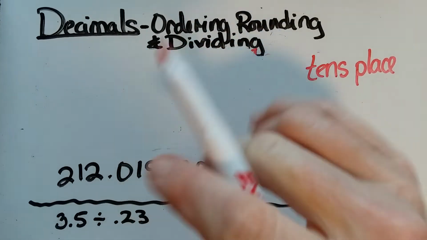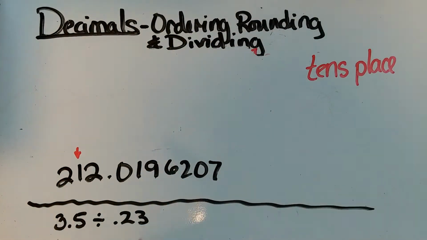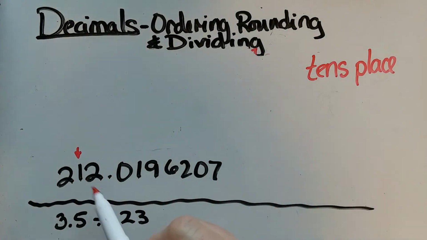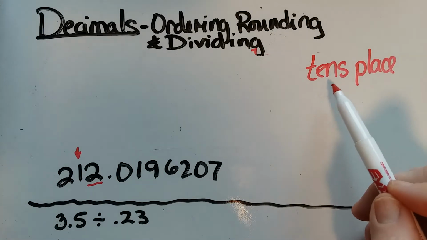So we know that this is the one that we're going to round one way or the other. And this, the ones place, is going to inform us as to whether we're going to round it up or leave it the same. So since this is less than 5, we know that we're not going to change the tens place.